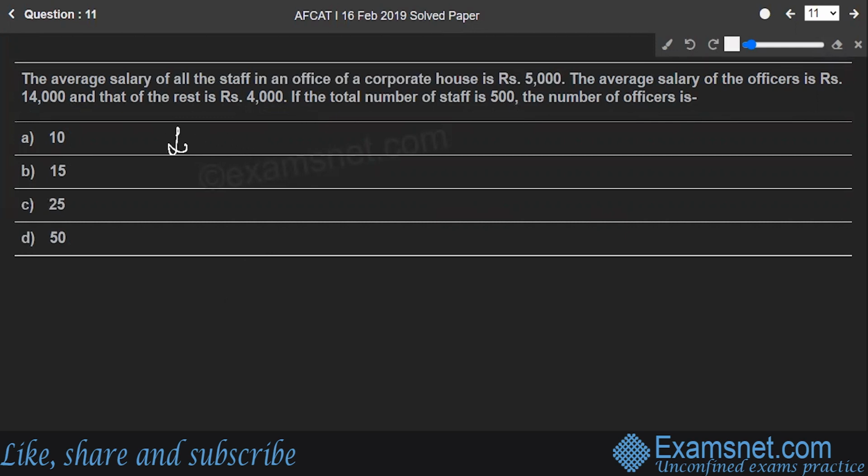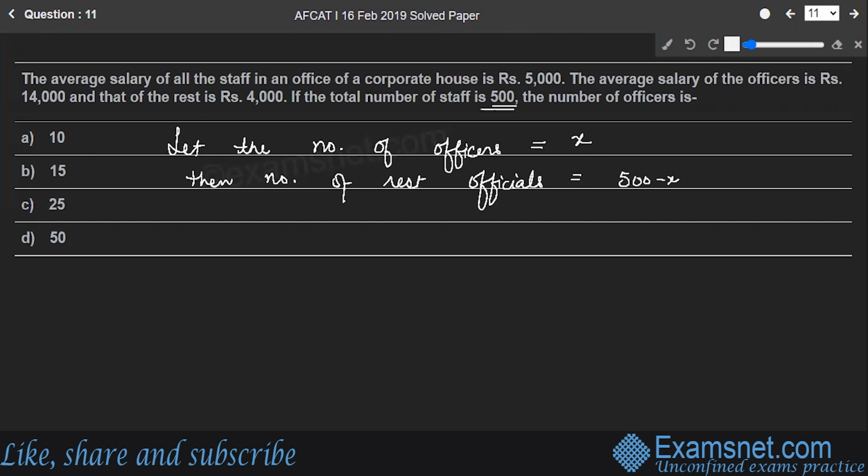I'll assume let the number of officers be X. Then the number of rest officials will be what? It will be 500 minus X, right? Because the total is 500 staff and the rest of the officials, they will be 500 minus X.